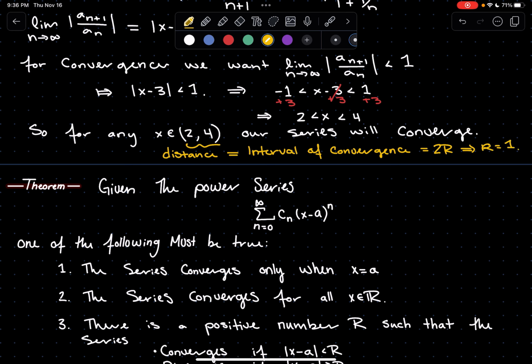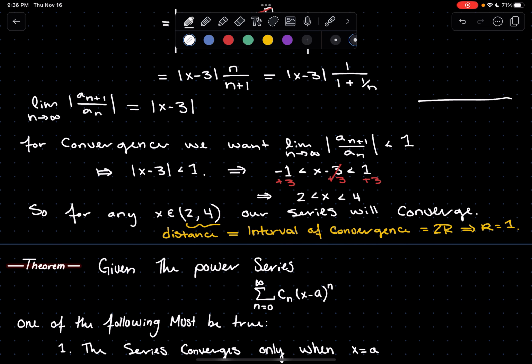So you can see that, I'll write it over here, on the number line, right? If I have 2, and then 3, and then 4, right? This distance here is 2, but my radius of convergence specifically is 1, right?